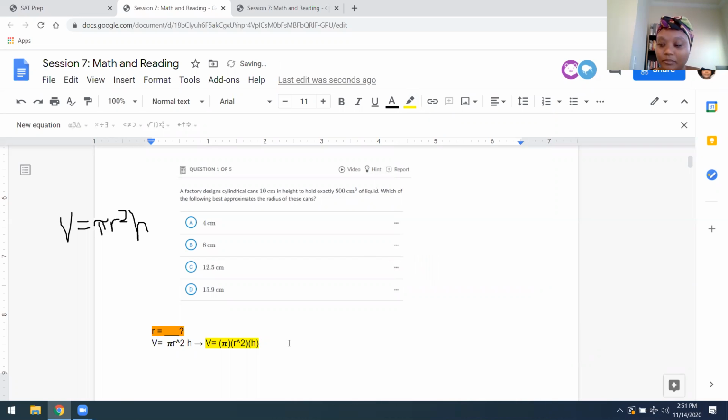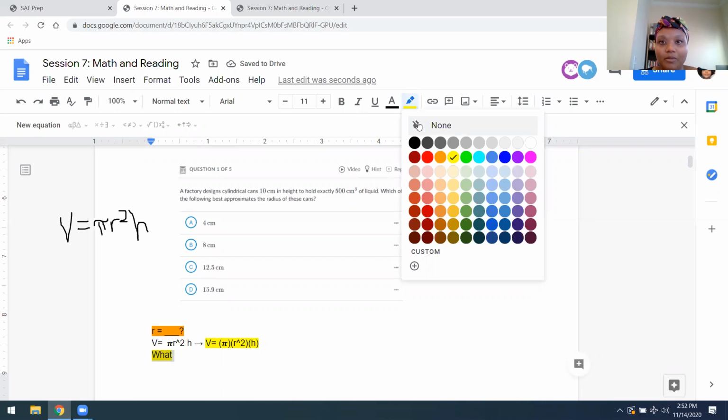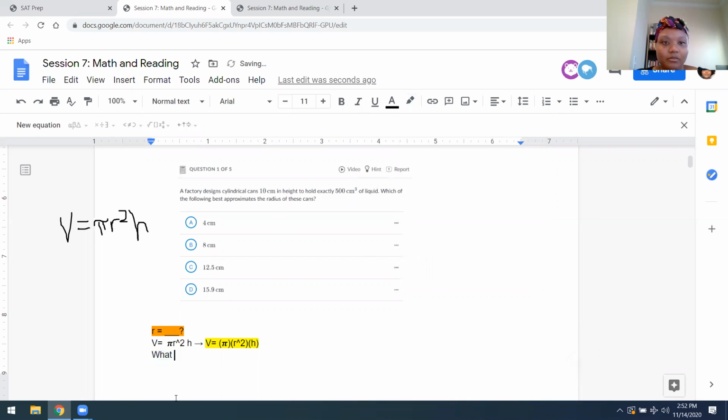So what it's useful to write out, as you try to orient yourself with math problems, is what you know.